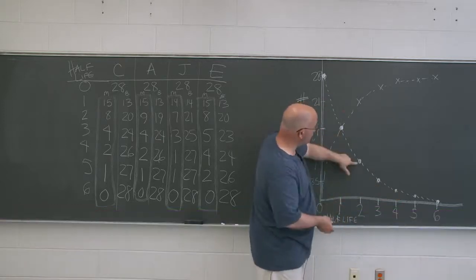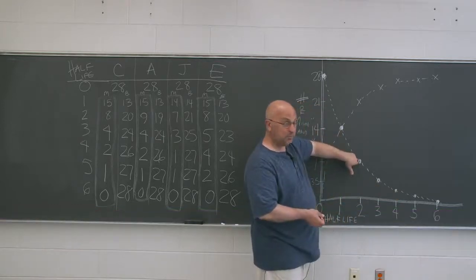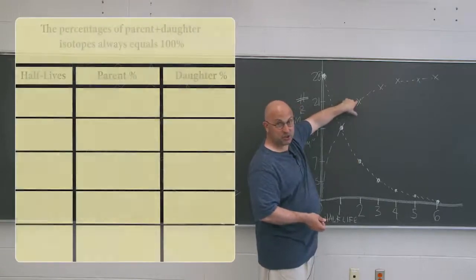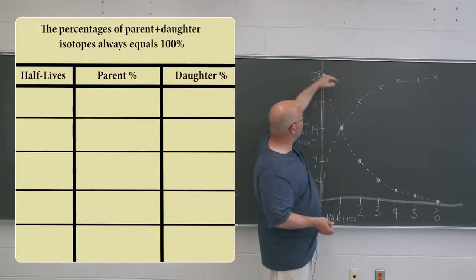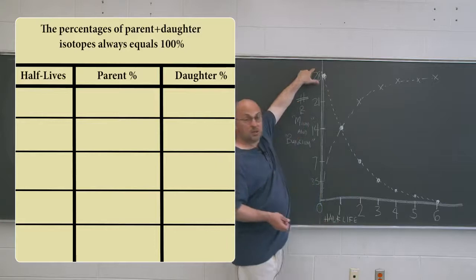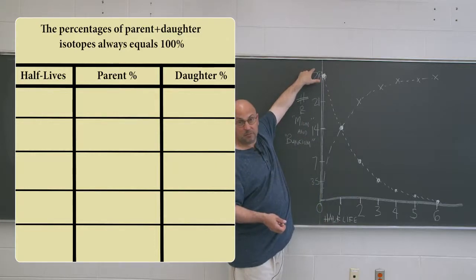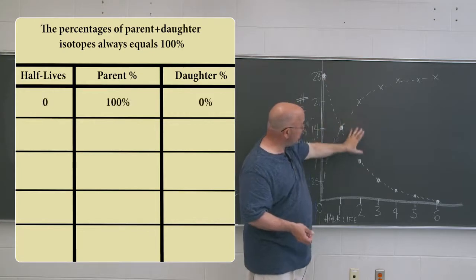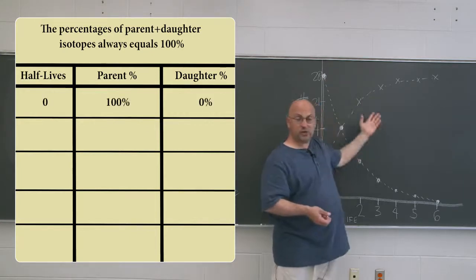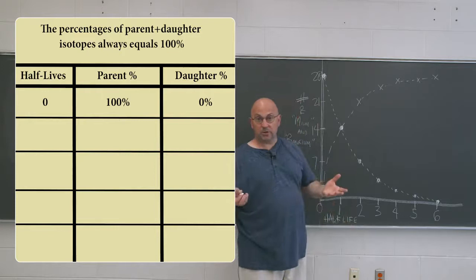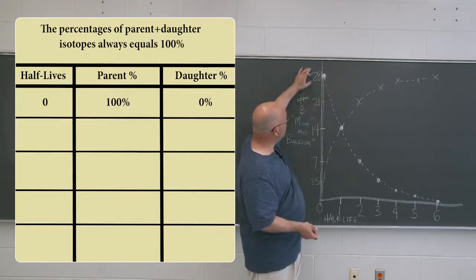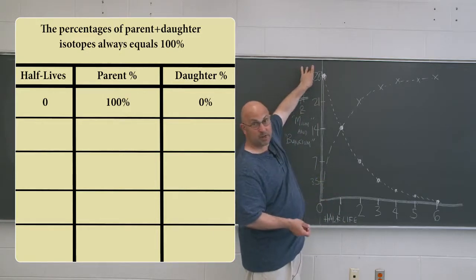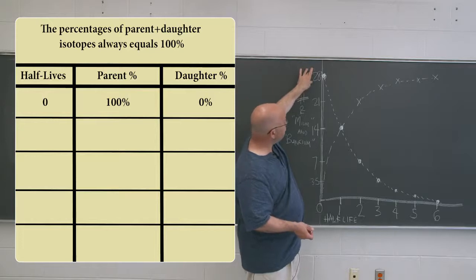But the total number of M&Ms and blankiums should always equal the total number of the original M&Ms, which was 28. And so when we add where the 2 points are at each half-life, it should always be the total number of original unstable parent isotopes.